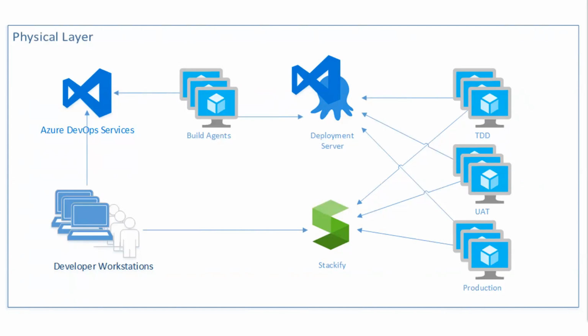And then for your intelligence, for your continuous learning and your centralized telemetry store, I put Stackify here, but Application Insights, Stackify, New Relic. There are several of these products called APM, or application performance monitoring.